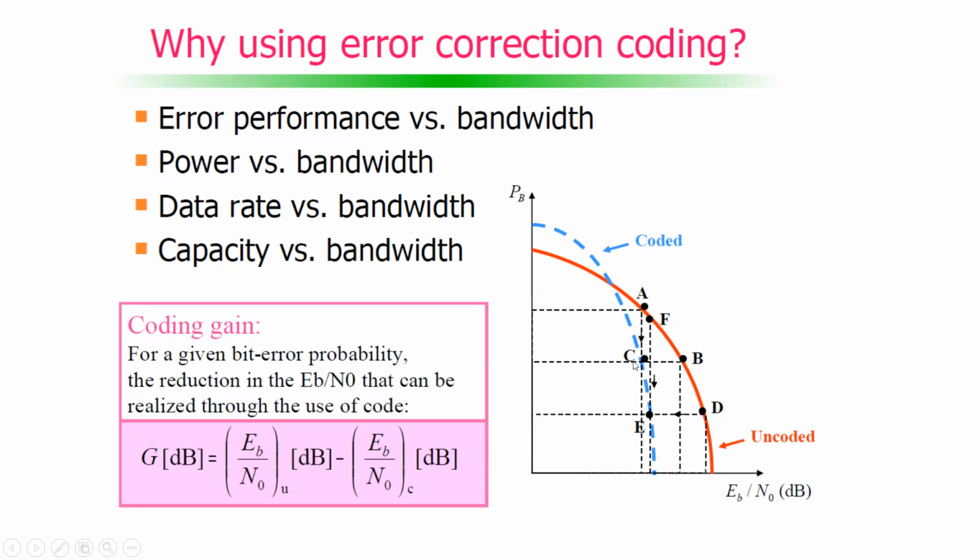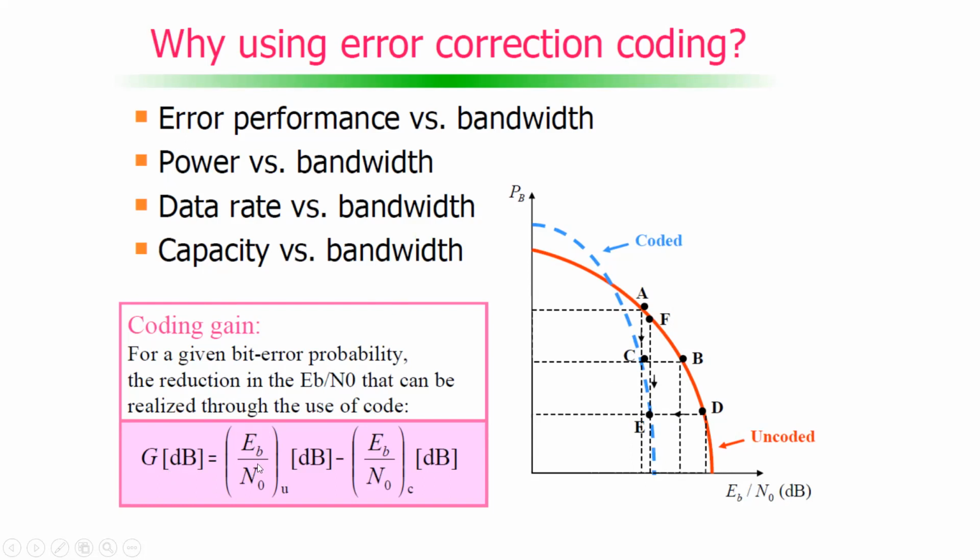You clearly see that when you do the channel coding, the signal to noise ratio requirement decreases drastically, so the performance of the system overall improves. We define it in terms of coding gain. For a given bit probability of error, coding gain is the reduction in the signal to noise ratio that can be realized through the use of the code. So what is the gain?